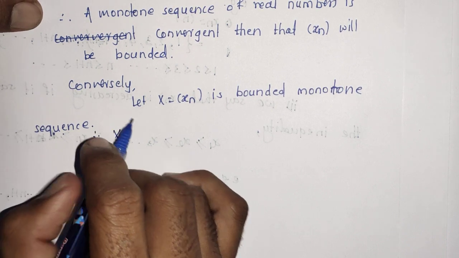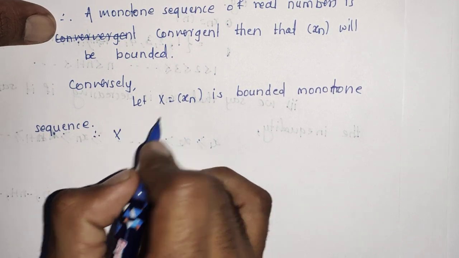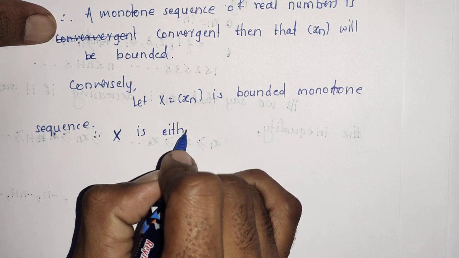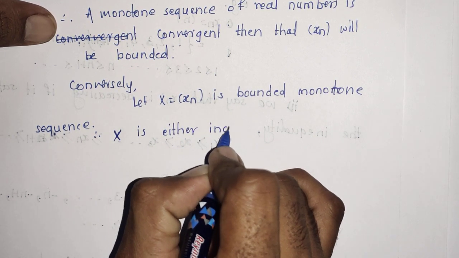Therefore x equals xn, which is bounded, is either increasing or decreasing.